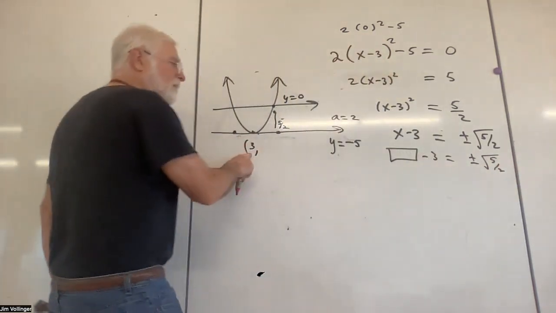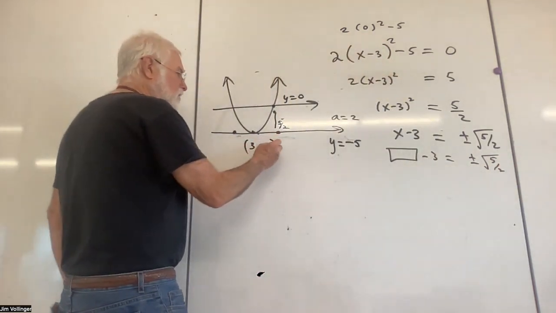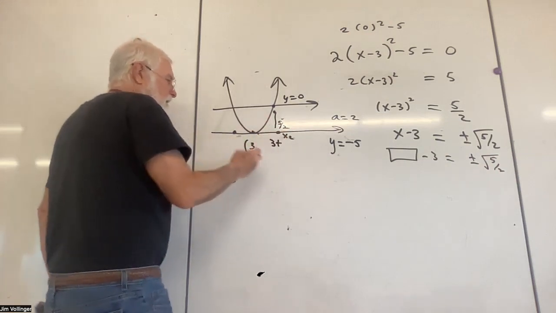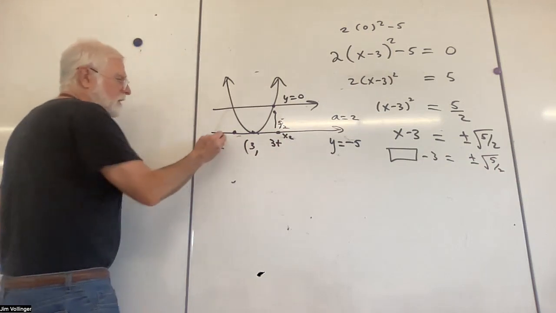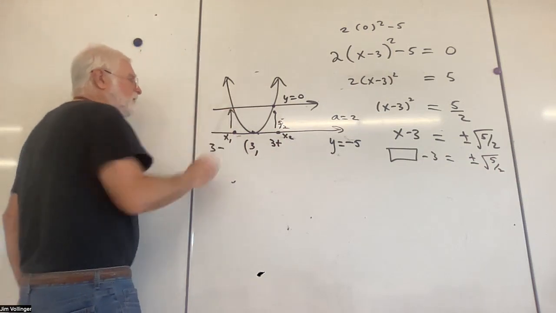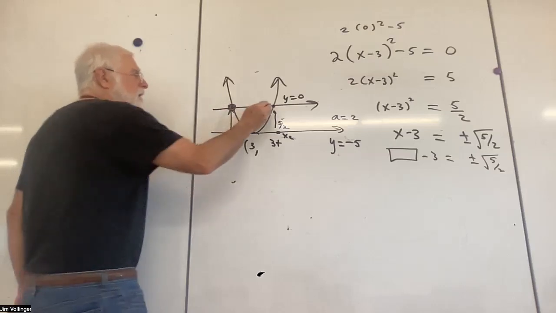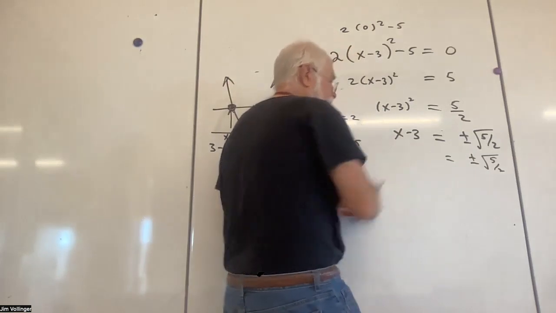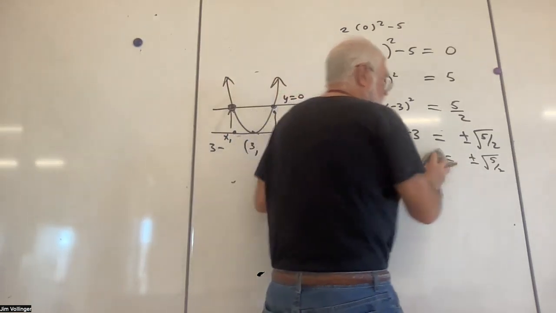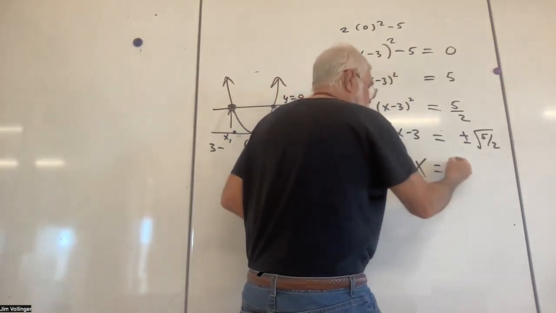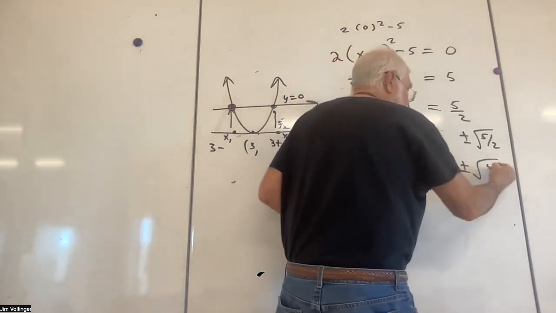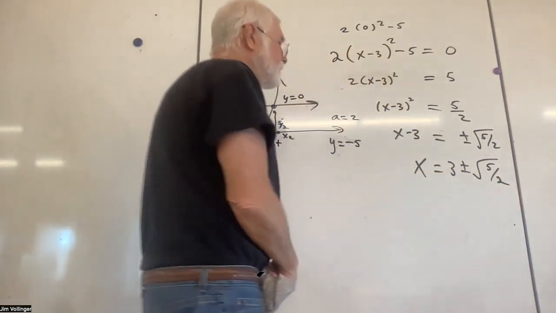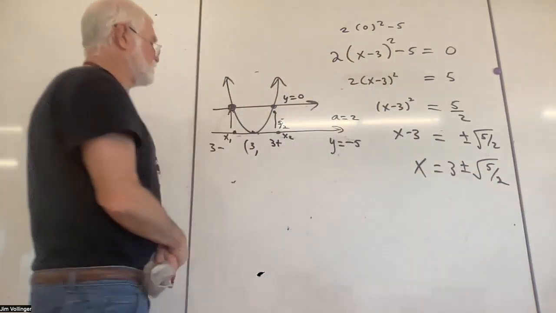Well, I think I'm measuring from 3, and I got to do 3 plus something to get to this second x, and 3 minus something to get to this first x, so that I can figure out what that x value is. And I think those are real roots.